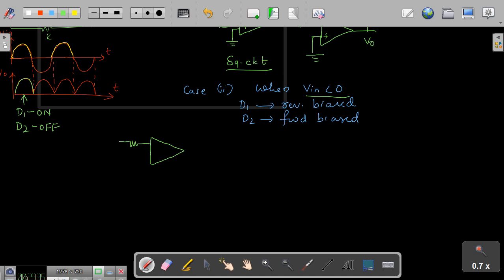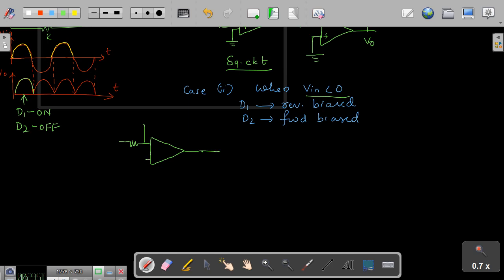This is my R1, and now you can see what happens here with this output. This path will now get opened, right?